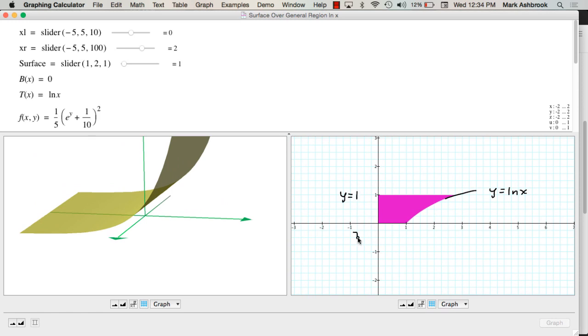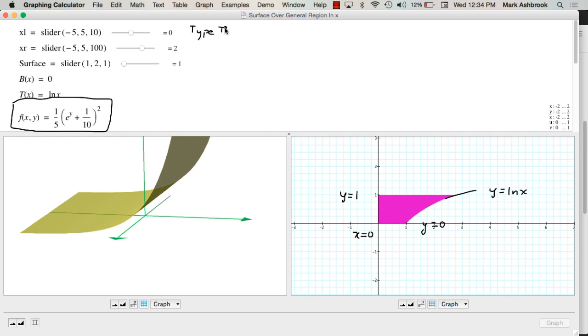And this is x equals 0. And this is y equals 0. And then there's our function. Okay, so let's set it up as type 1 and type 2.